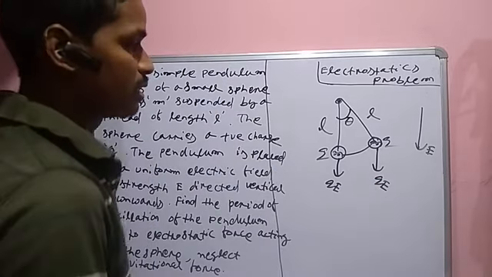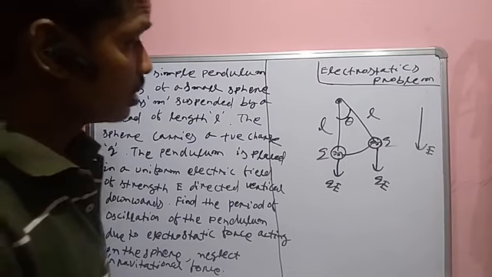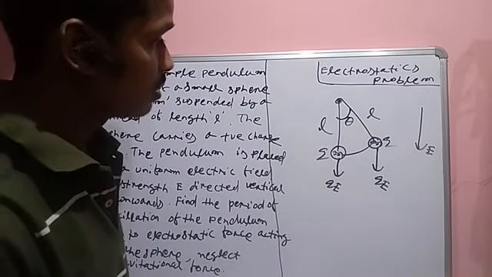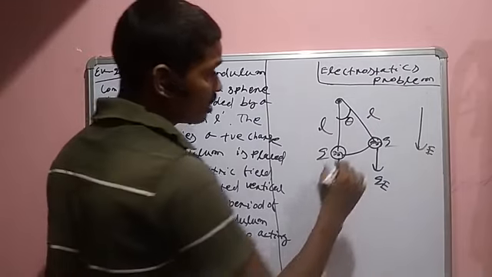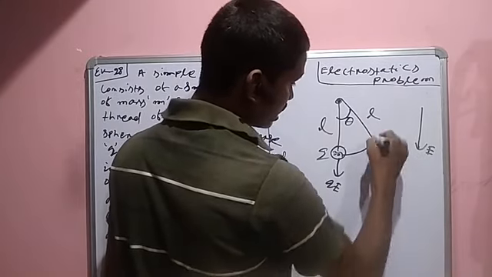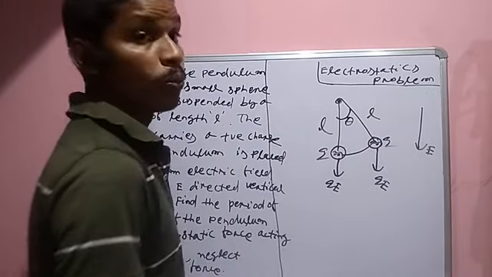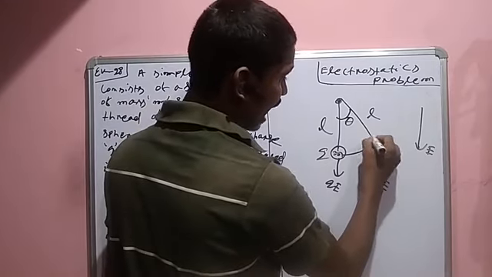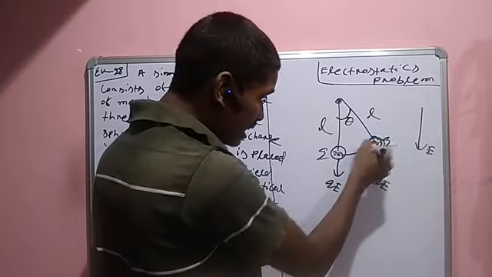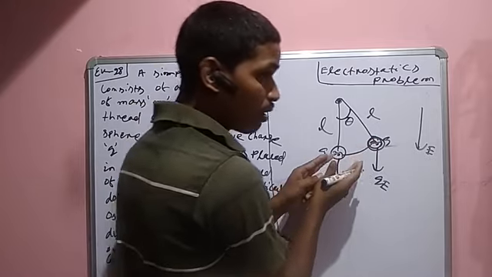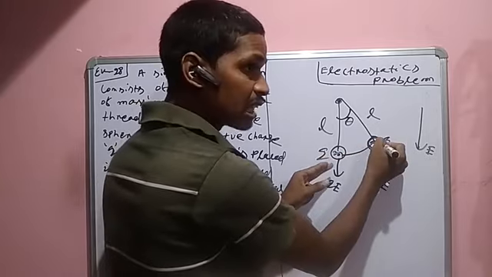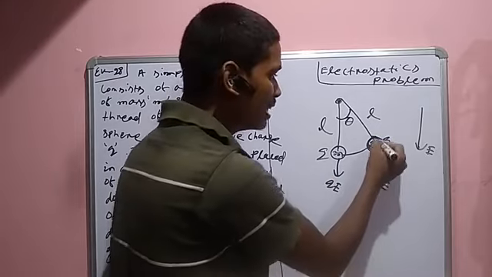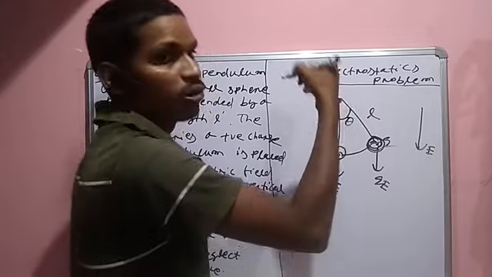Yes or no? But the tension is here, and this QE has two components. One component acts in the direction where the body tries to come back to the original position, because when the body rises in this direction, after some time it tries to return.